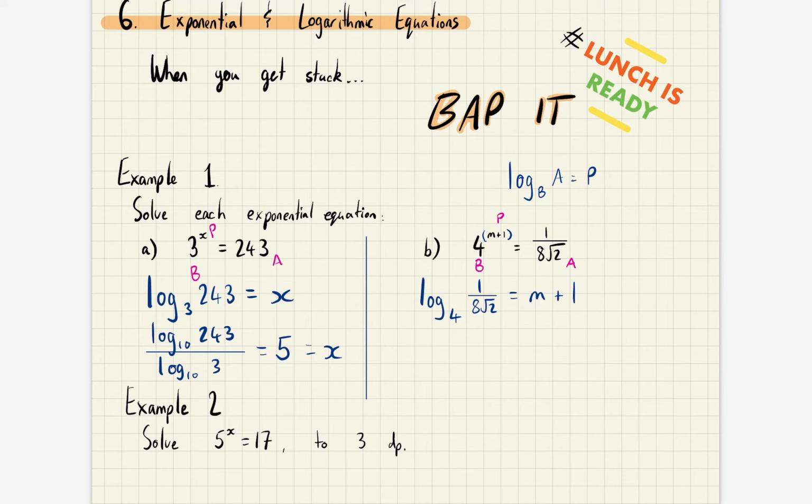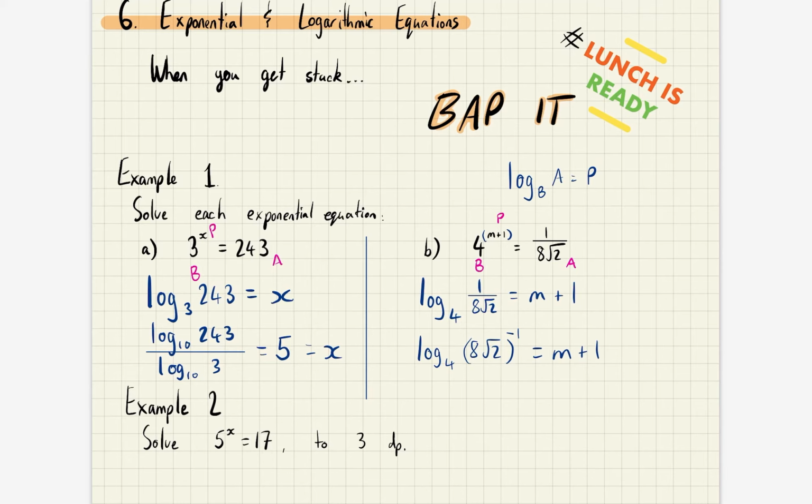Now we could do all the fancy little tricks from the last lesson, where we recognize that this is the reciprocal. I will do that one, but you don't have to. You only have to do it if we're simplifying. If we're solving, we don't have to, but it's good practice anyway. So I'm going to rewrite it as log base 4 of 8 root 2, all to the power of negative 1, equal to m plus 1.